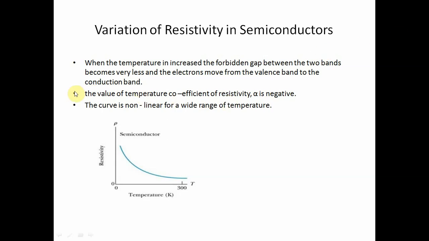One more point here: the value of the temperature coefficient of resistivity alpha is negative in the case of a semiconductor, and in the case of a conductor it is positive. Here is the variation of resistivity with temperature in a semiconductor: resistivity decreases, therefore the conductivity of the semiconductor increases.